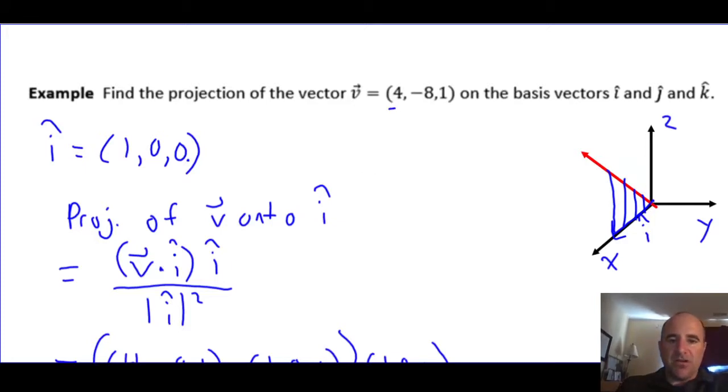The 4 here, you're going to get the x value of this vector. That should make sense. In fact, these lines should sort of continue all the way the length of the vector like that. So if we just think about it geometrically, we should be able to figure out what we're going to get here. It's just going to be the i, j, and k values.